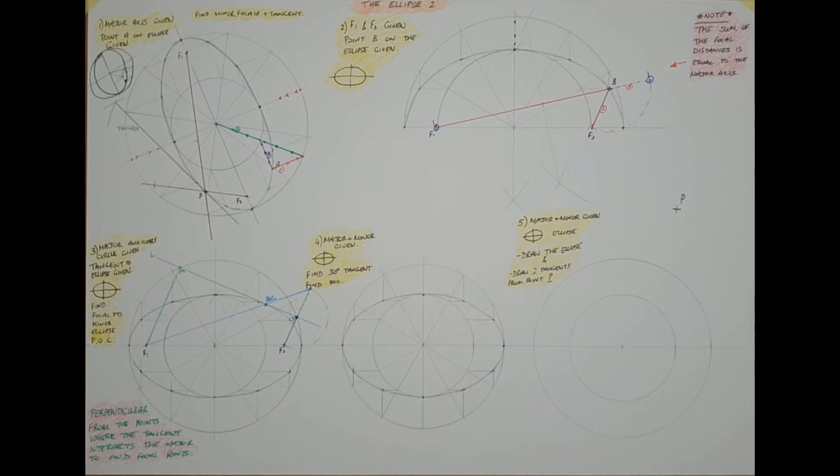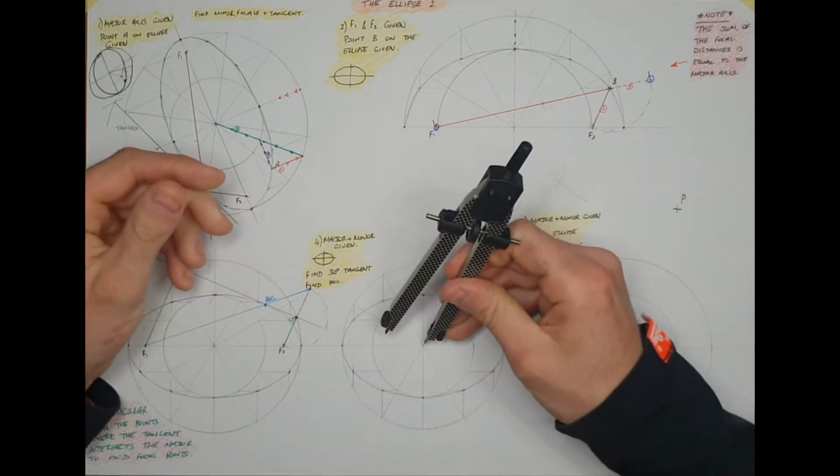There's the ellipse drawn in. Now we have to find the 30-degree tangent. For any tangent we're going to need some focal points, so let's find them nice and quickly.